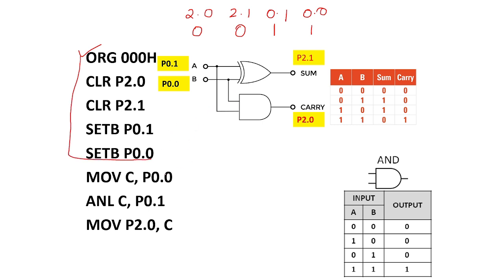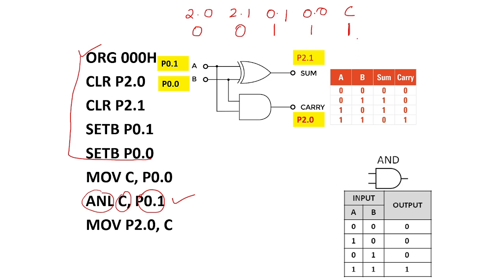Now the content of port 0.0 will be transferred to C. That means C will be holding the value 1. Now, in this instruction we are performing the logical AND operation between C and port 0.1.